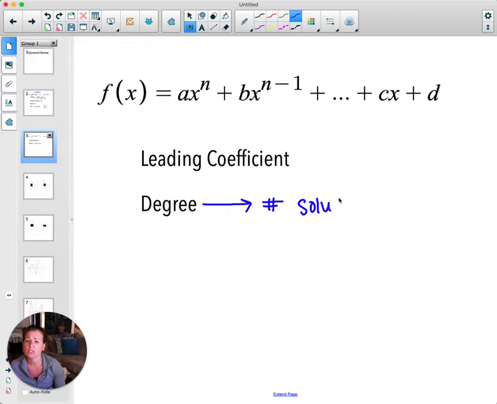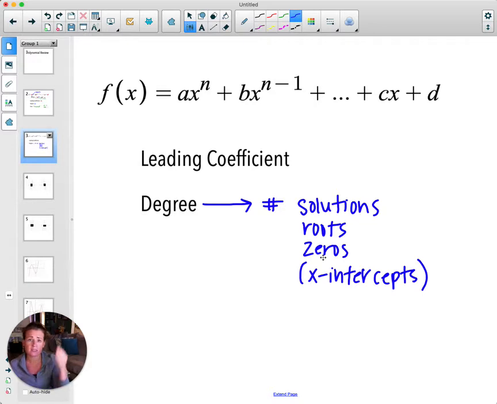Solutions are also called roots, or zeros. When those are real numbers, they're also called x-intercepts, so they're where the graph crosses the x-axis.